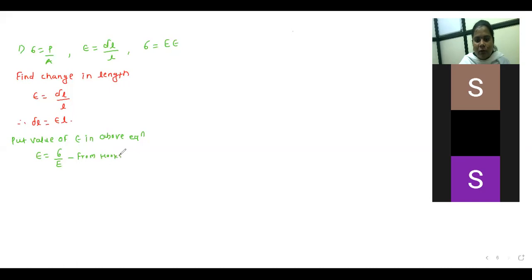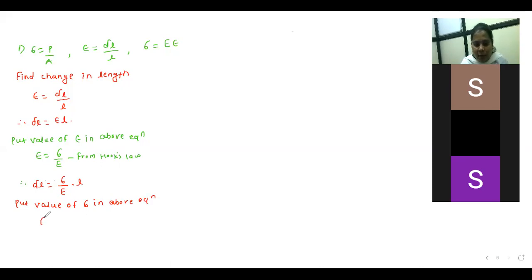Now we will put the value. Therefore, del L equals sigma upon E into L. After that, put the value of sigma in the above equation.